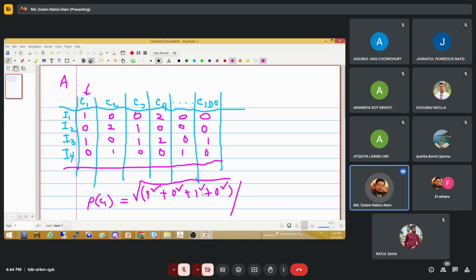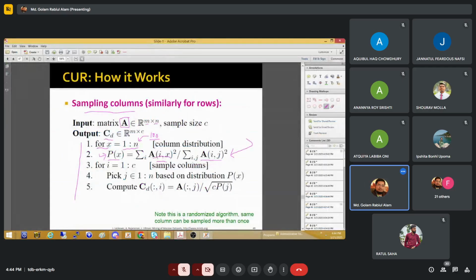and divided by, as we can see in our algorithm, here we have i and j, that means for each and every i and j, for the whole data set. For the whole data set, we have to sum up the Frobenius norms.